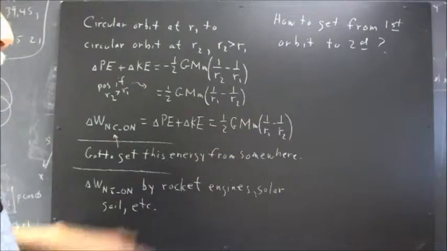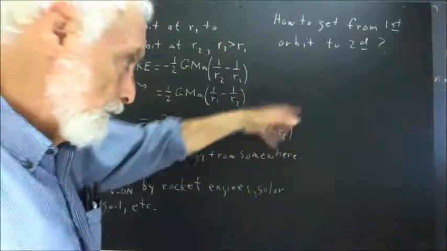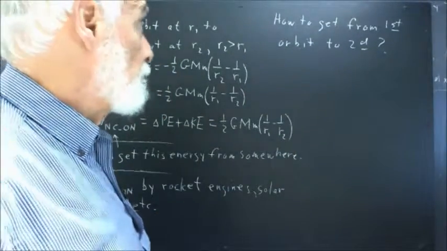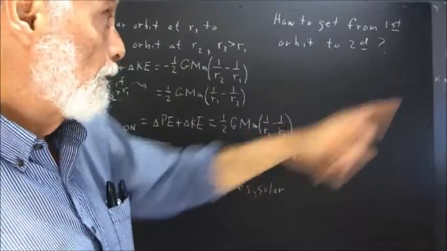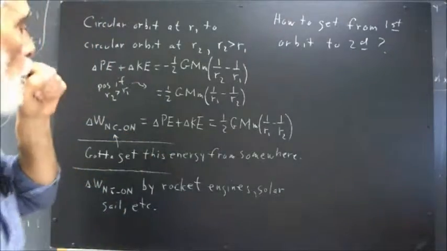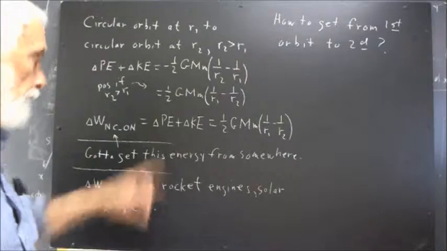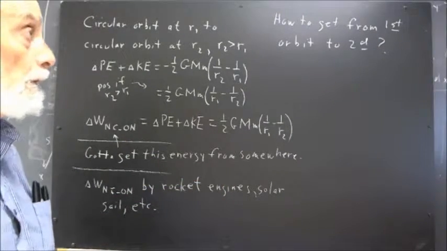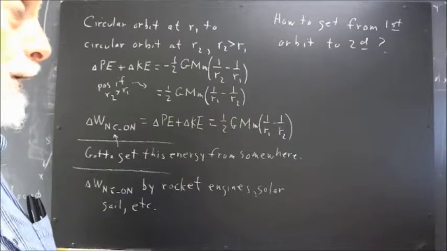We don't just fire the rockets and point out there where we want to go, because the Earth's gravitational field is going to cause us to deflect our path in the direction of the field. We don't just go straight away from the Earth from here to there. We would have to supply enough potential energy to get from here to there, and that's twice as much energy as we need. So what are the implications? What are the mechanics? We'll do that in another clip.